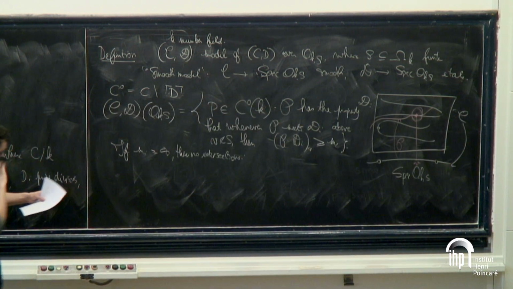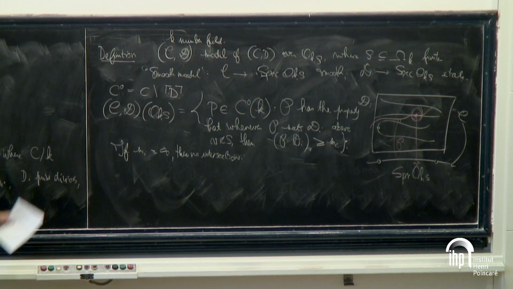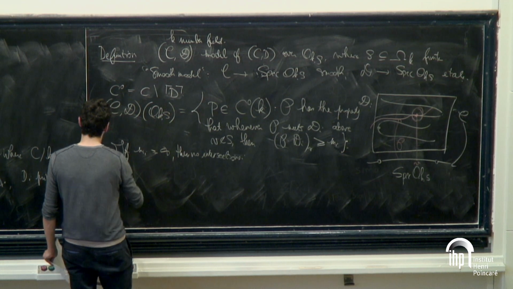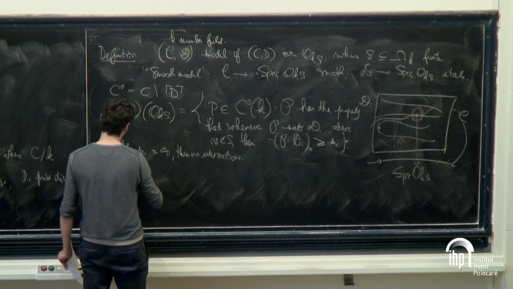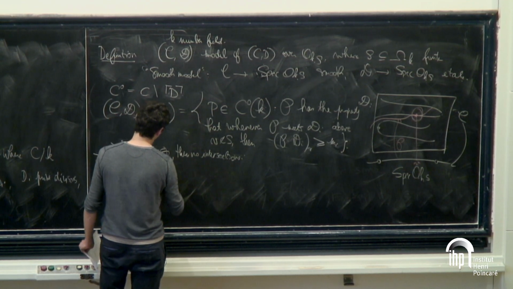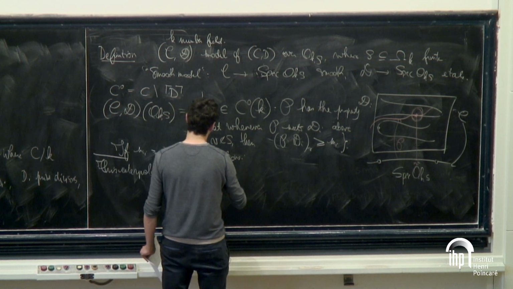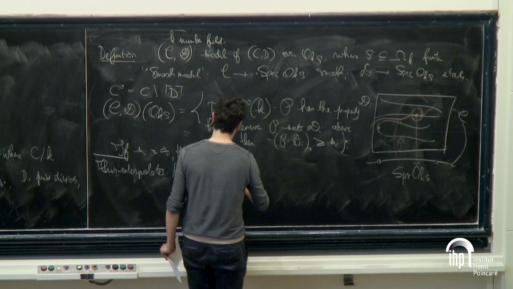Okay, so this looks like a weird definition maybe, but it's a way to interpolate between classical rational and integral points.